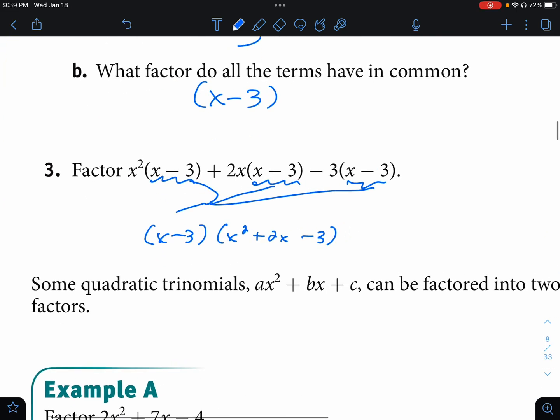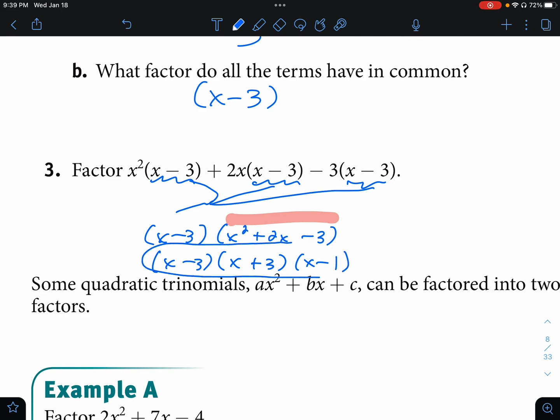And then this part that's left over, it is possible that that is a flashcard factoring: multiplies to negative 3, adds to positive 2, x plus 3 times x minus 1. That is one of our flashcard factorings from the start of semester 1. Again, feel free to pause, rewind the video as needed.